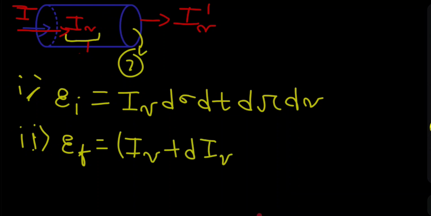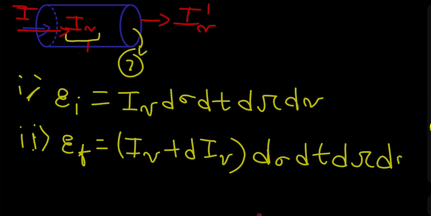It means there is a certain change in the intensity of radiation which we represent as dI mu, and again d sigma dt d omega d mu. So this is our expression for the initial energy and the final energy.